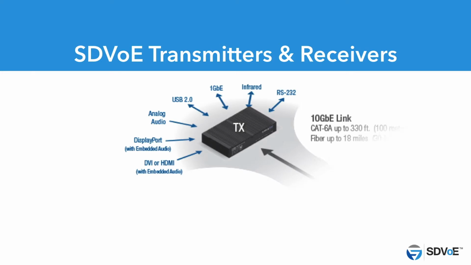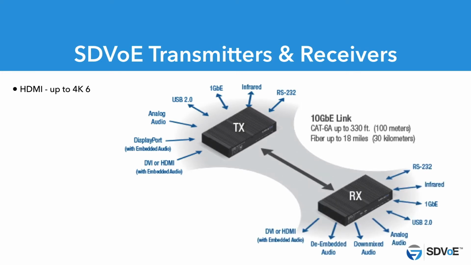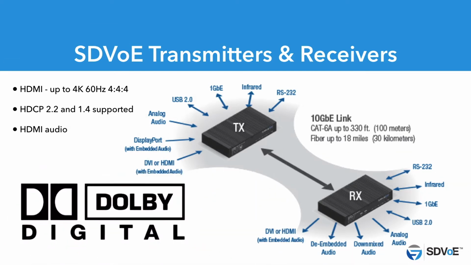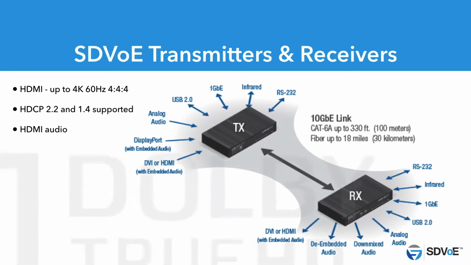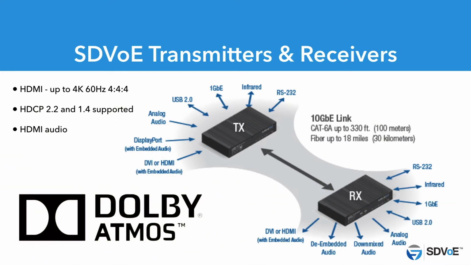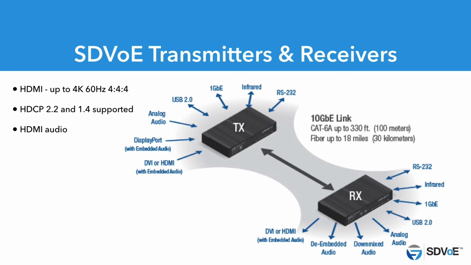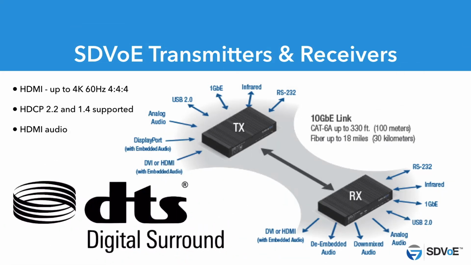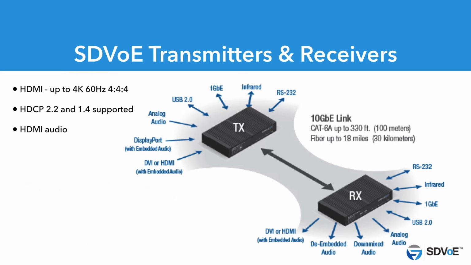The transmitters and receivers are capable of processing HDMI all the way to a full 4K 444 resolution at 60 Hz. Both HDCP 2.2 and 1.4 are supported, as are HDMI audio formats such as Dolby Digital AC3, Dolby True HD, Dolby Atmos, and DTS, as well as analog 2-channel audio.